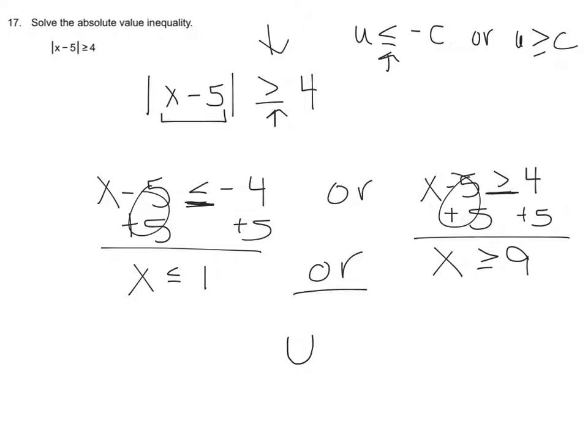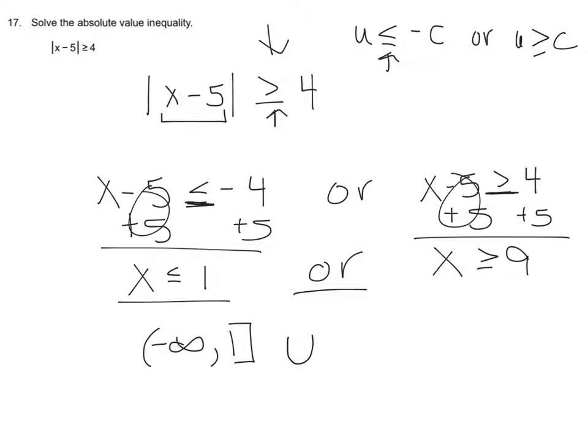So first you'll write your union sign. And we're going to express the first inequality of x is less than or equal to 1. So I'll have negative infinity to a positive 1, which is included in the set.